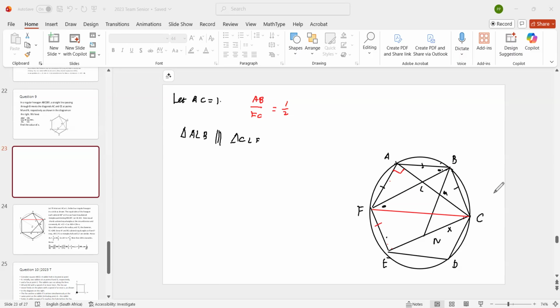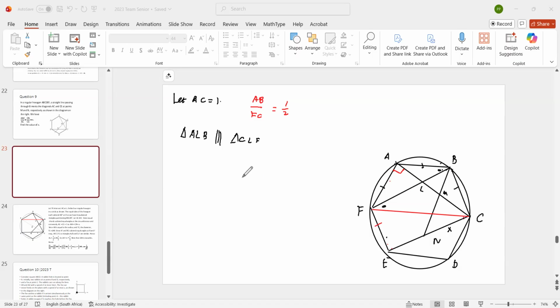All right. Now, which means that AL over LC is the same as AB over FC, right? But we saw that AB over FC is a half. AB is a half of FC. So this triangle here is similar to CLF. AL is half of LC, right?